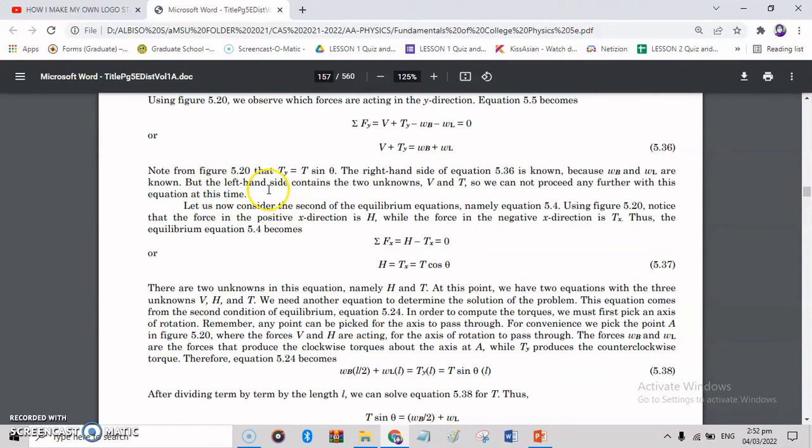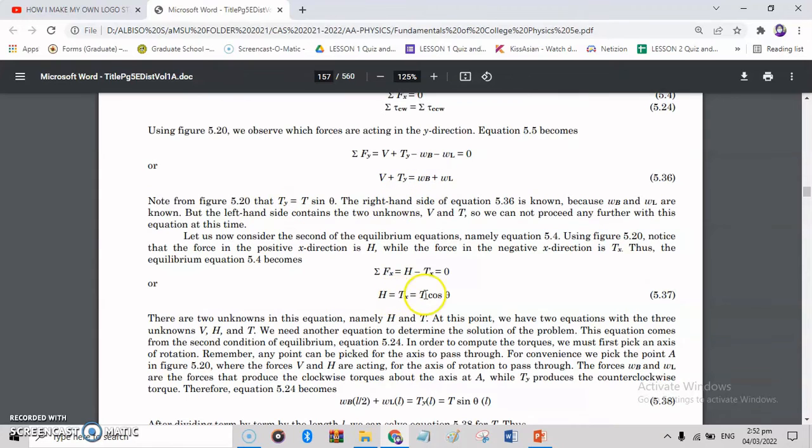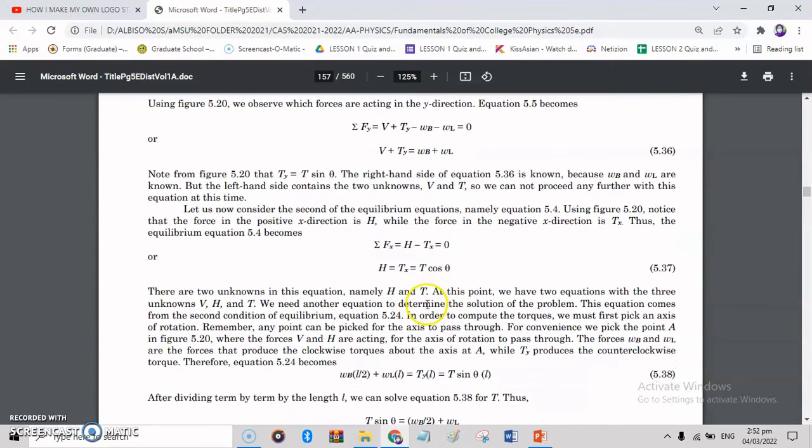Now, the left-hand side contains two unknowns, V and T, so we cannot proceed any further with this equation at this time. That is why there is a second equation, so the first equation and second equation can solve the two unknowns.